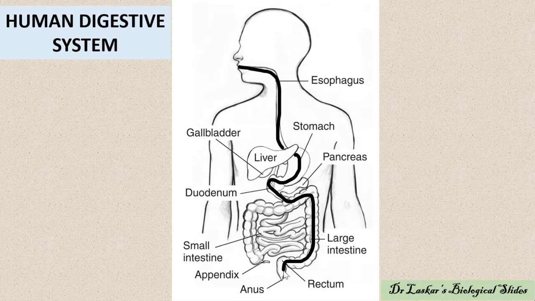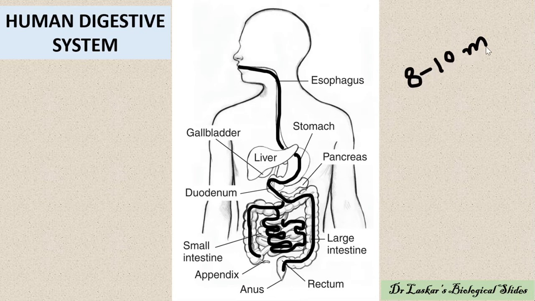You can see in the figure, this is the alimentary canal part. It is a long tube of varying diameter, measuring 8 to 10 meters in length, and it is divided into different parts.